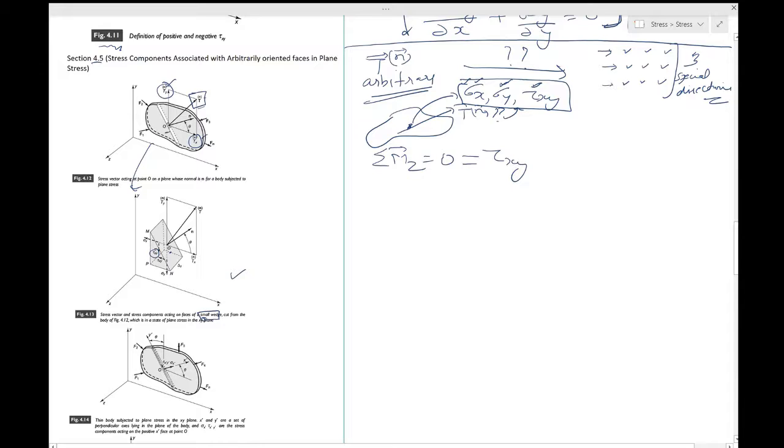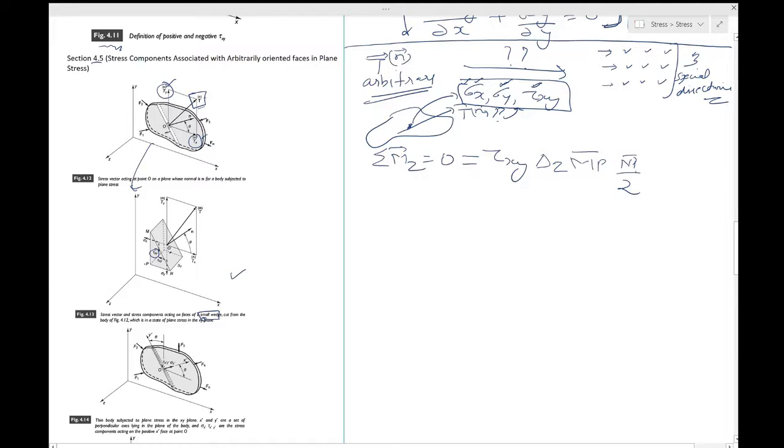Tau xy would be multiplied by delta z, and what would be the mp? mp is this length between m and p. That gives the area over there, the area of that rectangle, and the lever arm would be np by 2.